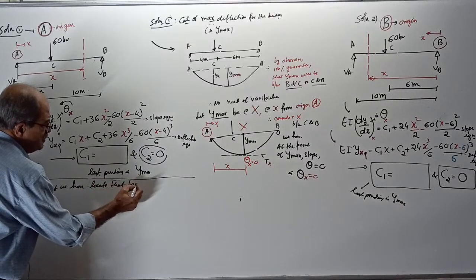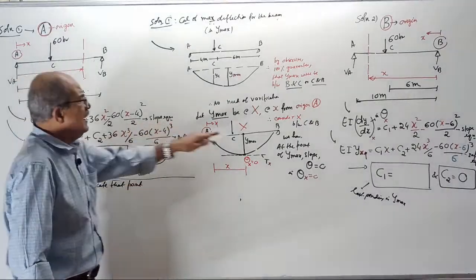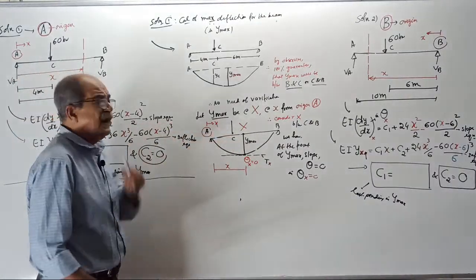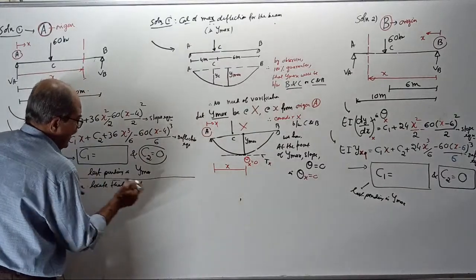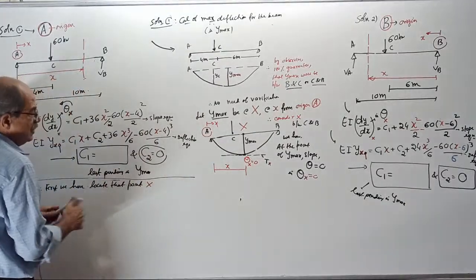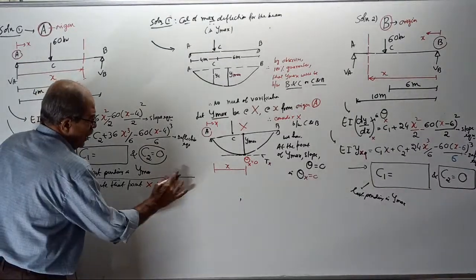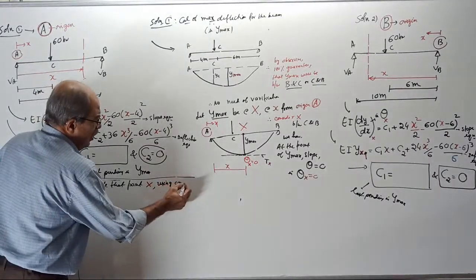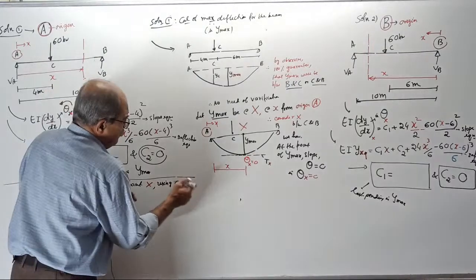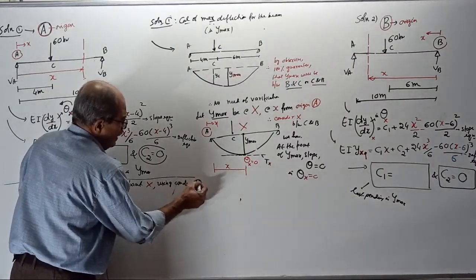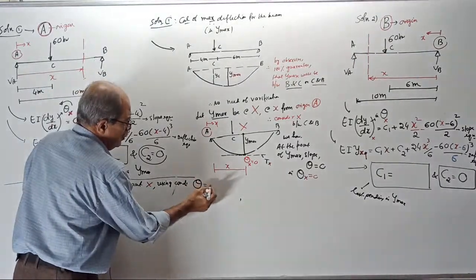Why? Because if you want y maximum, it is at the point x. You should know where that point is. We have to locate that point x using the condition of slope theta at x equal to 0.